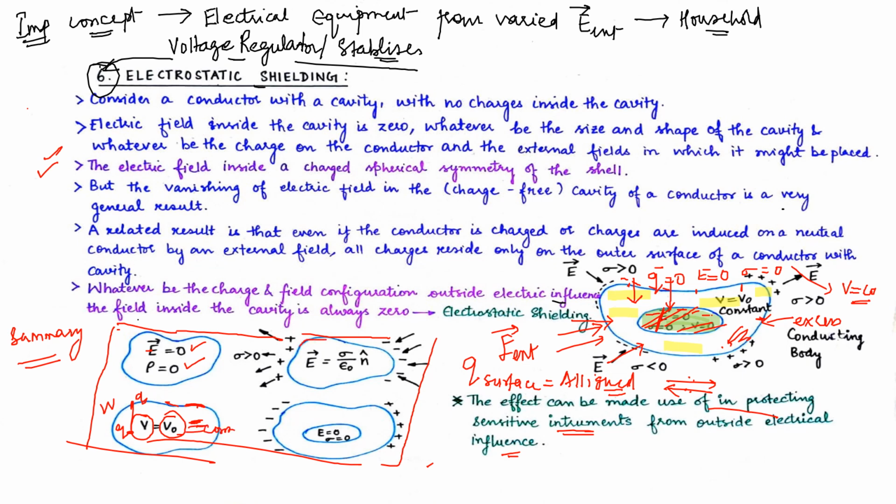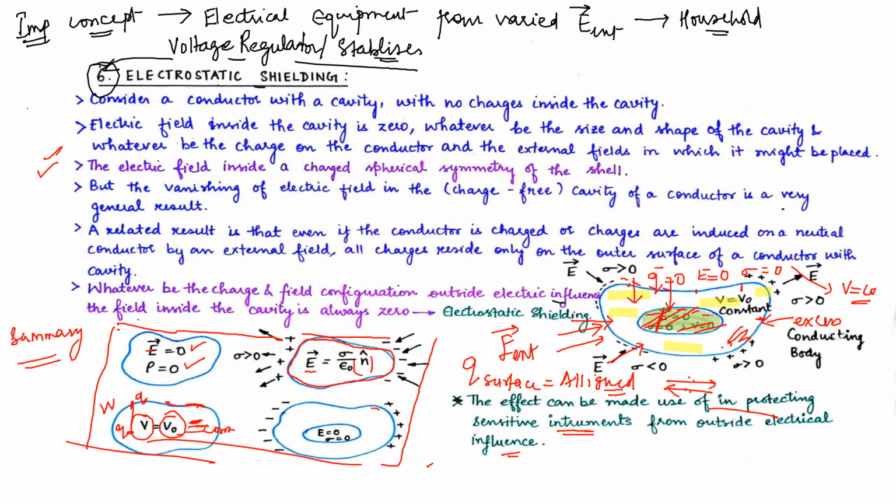Electric field on the surface is given in vector form by E equals surface charge density divided by epsilon naught into the unit directional vector.